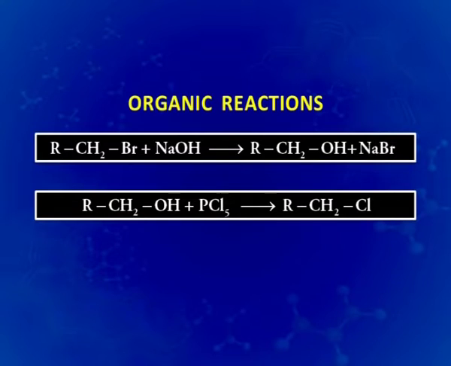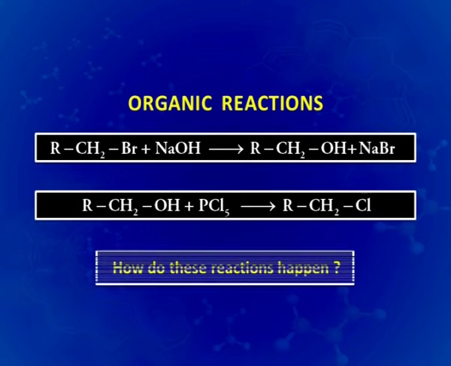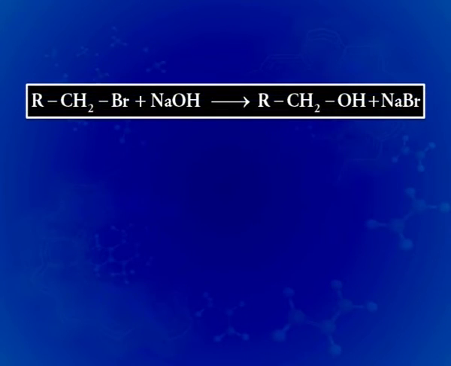These are examples of organic reactions which you may be familiar with, but how do we ascertain that this reaction is taking place and how is it actually happening? We take this example to know what exactly is happening. We take an alkyl halide RCH2Br and treat it with sodium hydroxide, which gives us an alcohol and sodium bromide, as we saw in the previous slide.